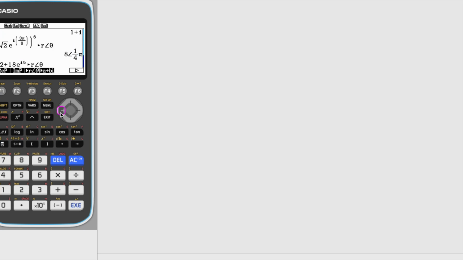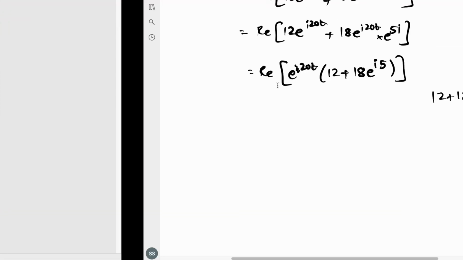Okay, so the syntax error is coming because the calculator cannot recognize whether i is multiplied with 5 or not. So I'll just put a bracket here. And yeah, now I get the answer 24.3 e raised to i minus 0.789 or 0.790, rounding it off.